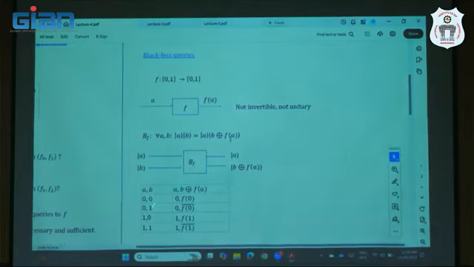Then the second bit has to be different because these are different strings. If B is different, this output will be different: one time f of A, one time f of A flipped. So in all of the 4 cases, if you take any 2 cases, the output will be different.